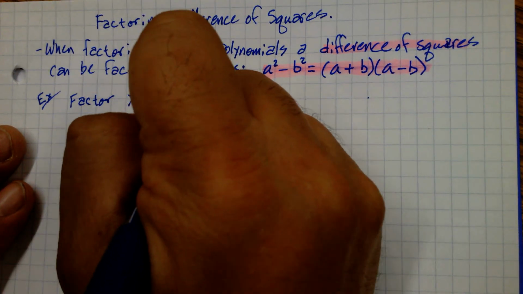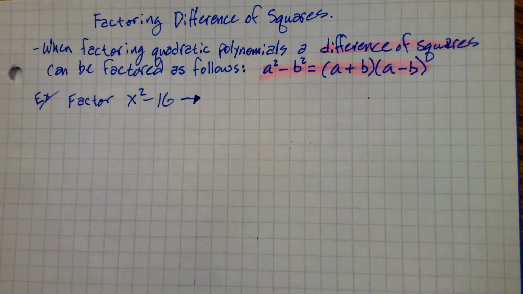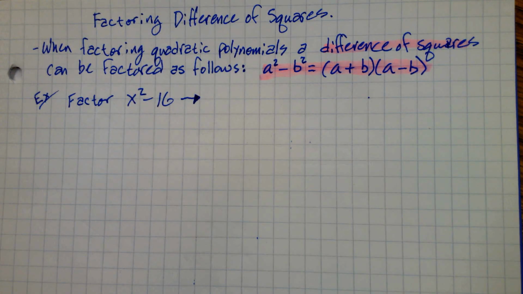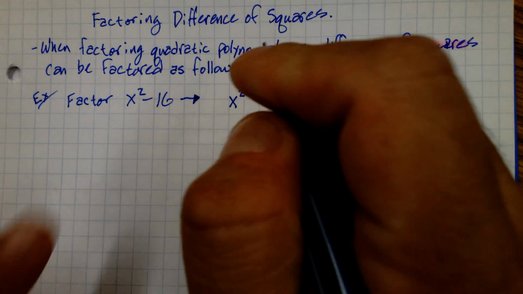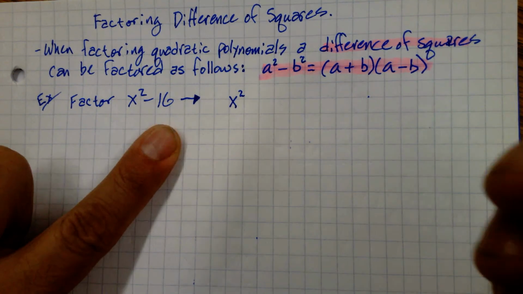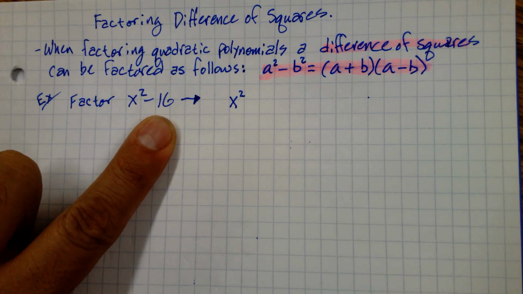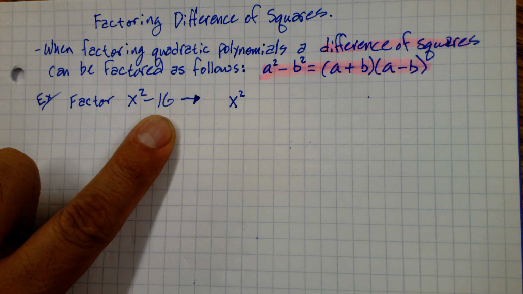Let's say we don't know this pattern yet, and I want to factor it the method we've been factoring before. So I want x squared, that's my quadratic term, and I got my constant term, minus 16. What I don't have is the linear term, the term with x.